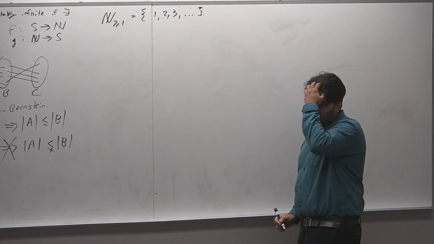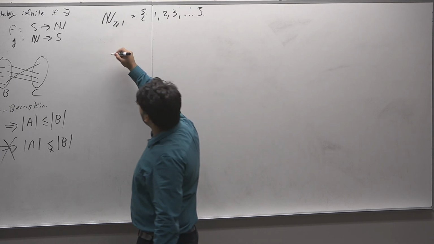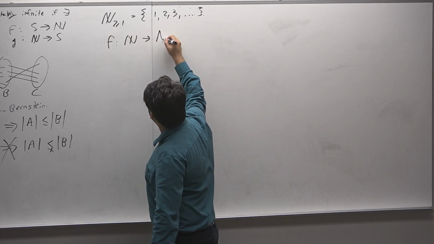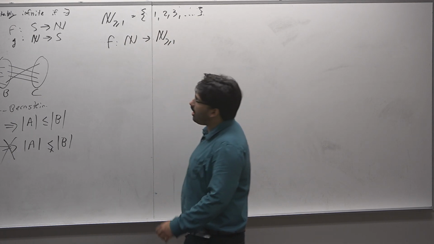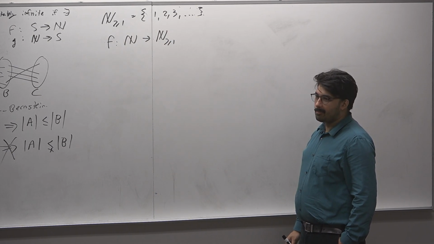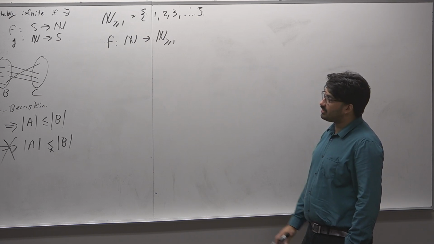Now, how many of those are there? I claim that there's a countably infinite number of such naturals. Give me a function which corresponds our definition of the naturals with the other definition of the naturals. But what is the function?